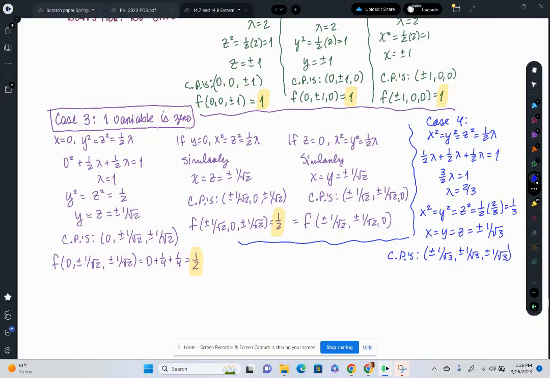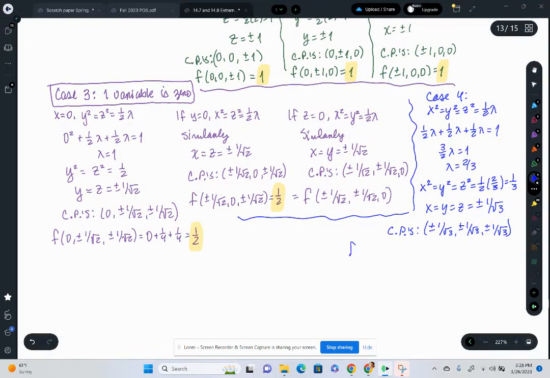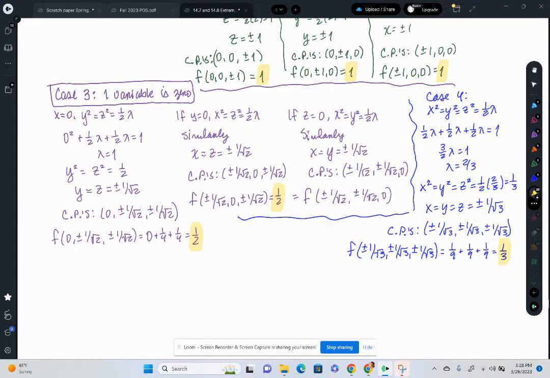And if we were to substitute this into our function, f of plus or minus 1 over root 3 for all three variables, we're going to take a 1 over root 3 and raise it to, let's say squaring would give us 1/3, squaring again would give us 1/9. So we have 1/9 plus 1/9 plus 1/9, that's 3/9, which simplifies to 1/3. Okay, so we have values of 1, 1/2, and 1/3.